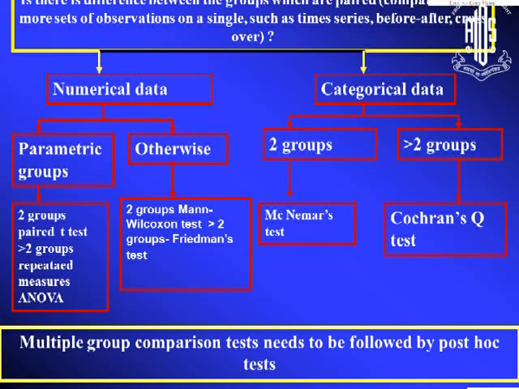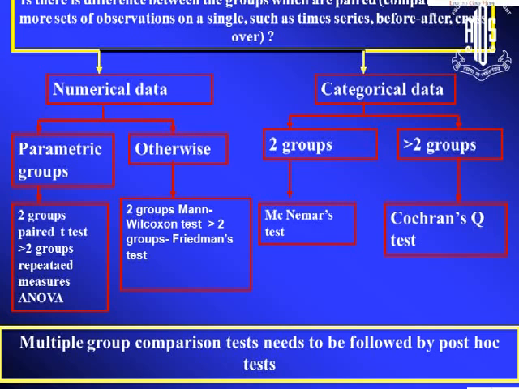So we can take 1, 2, 4 readings, whatever. Suppose we take 1 before and 1 after, it's only 2 groups. But here the readings of both groups are affected by the previous reading, because whatever the reading before giving the medicine, the second or third reading will be affected by it. So this is a paired group.